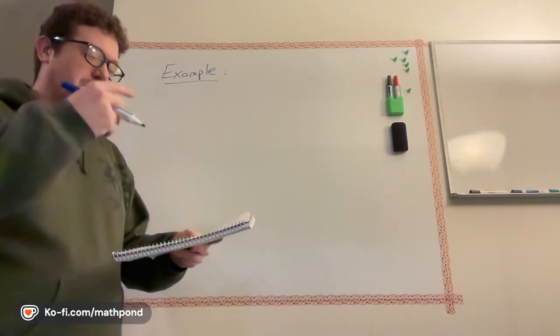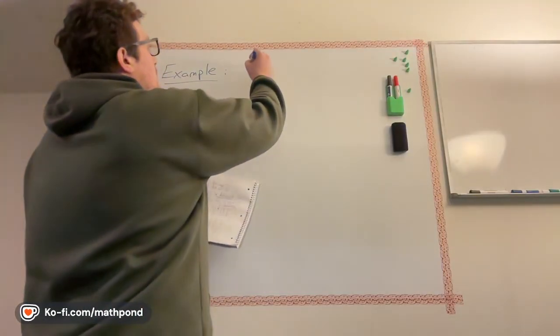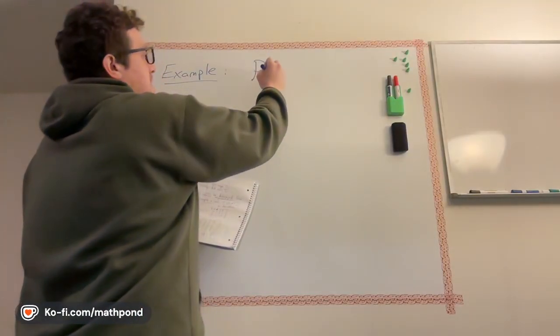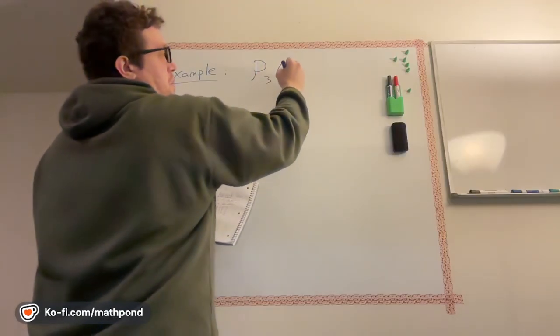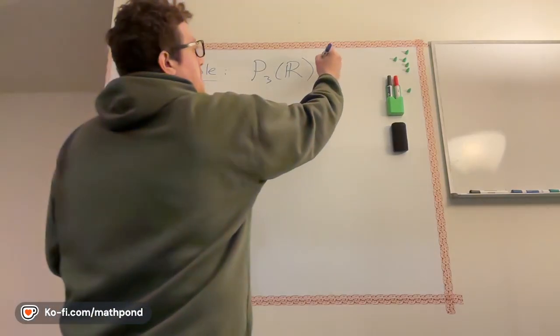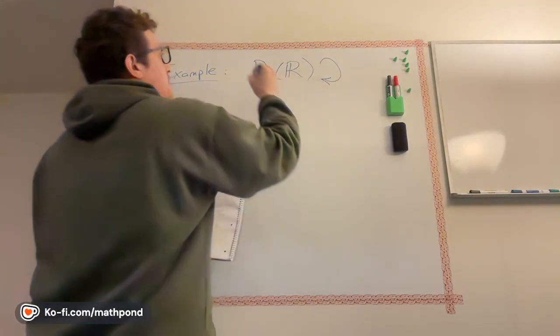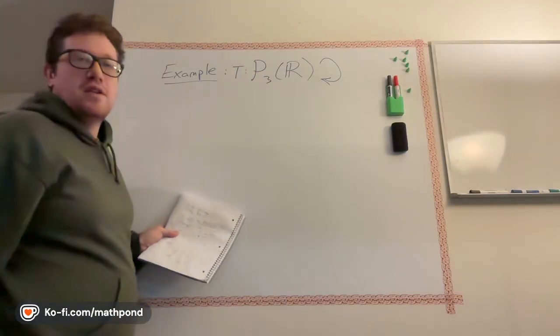So polynomials form a vector space over a field. And in the book, he writes this as P3 of R. This is all polynomials of degree 3 or less. And I'm going to make a map to itself, and this map is going to be differentiation.